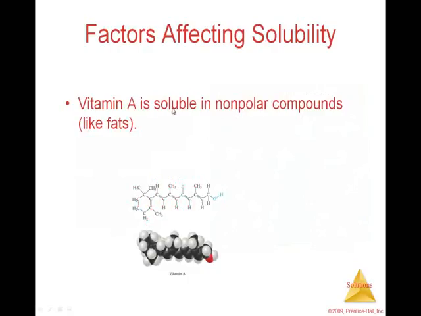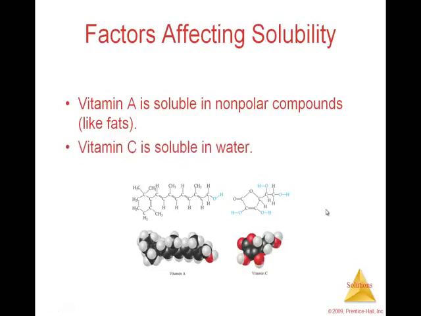Vitamin A is soluble in nonpolar compounds like fats, because it is mostly nonpolar, whereas vitamin C, which is quite polar, is soluble in water.